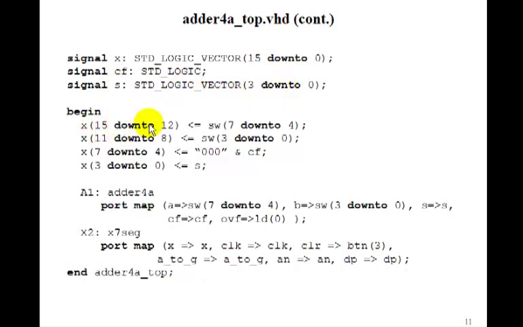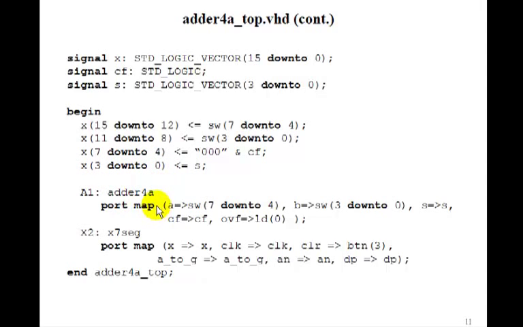So X15 down to 12 gets the leftmost 4 switches. X11 to 8 gets the rightmost 4 switches. 7 down to 4 gets the carry flag, concatenated with 3 leading zeros. And then the sum is on the rightmost 7-segment display.